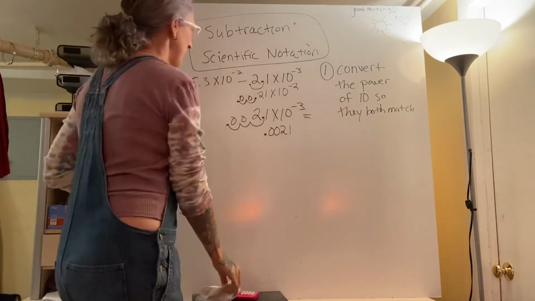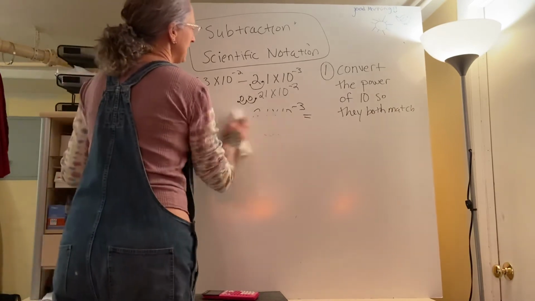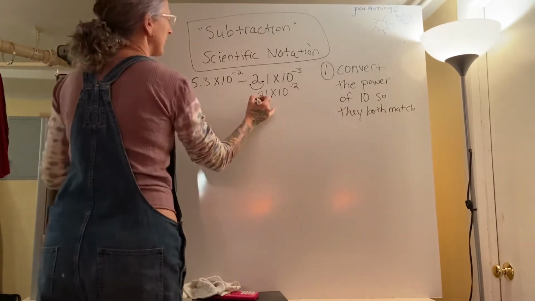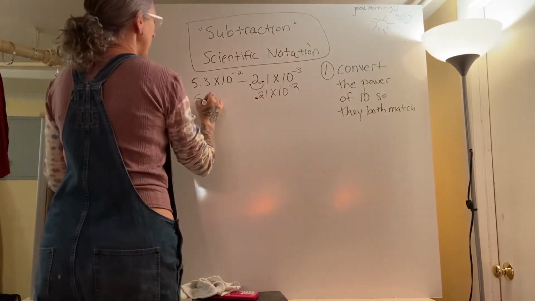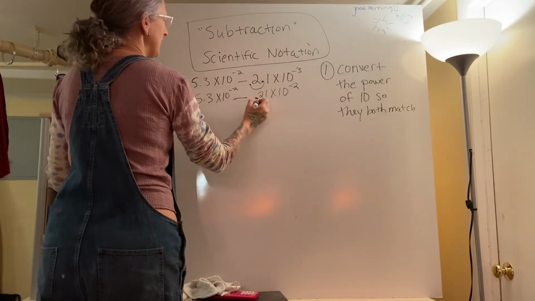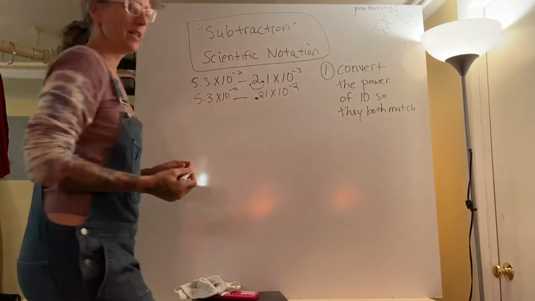So what my problem ends up being is 5.3 times 10 to the -2 minus 0.21 times 10 to the -2.